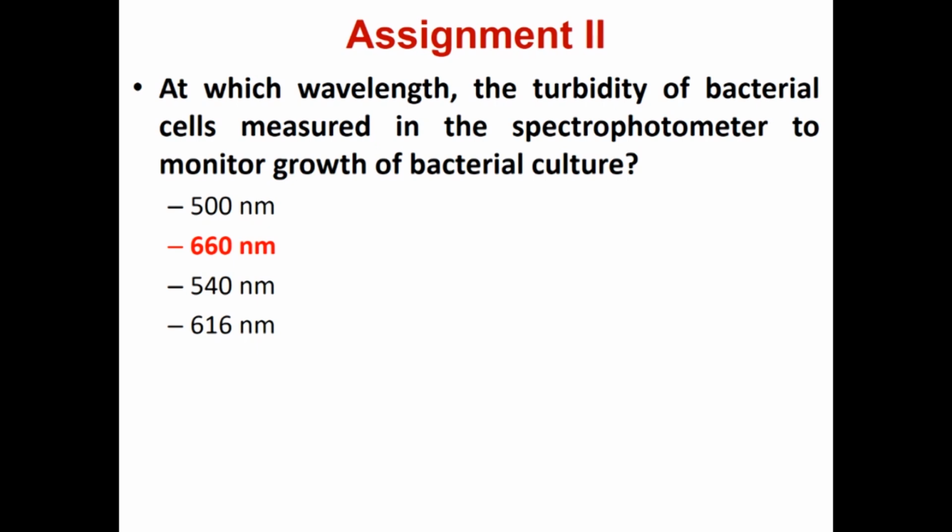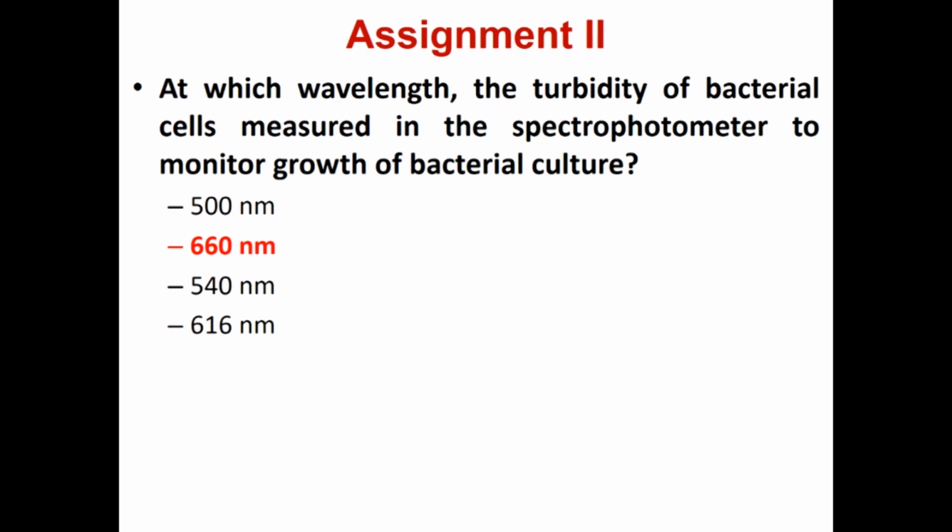If you recall, when we talked about the turbidometric method of estimating bacterial cell growth using the spectrophotometer, we said that when you are measuring turbidity, you are actually measuring not the absorbance, but the scattering of light by the particles, because the bacteria are nothing but suspended particles in the media.